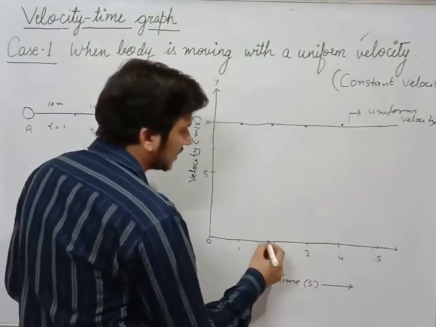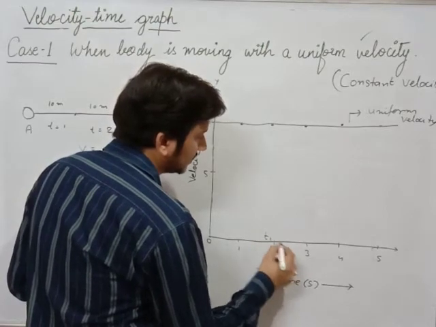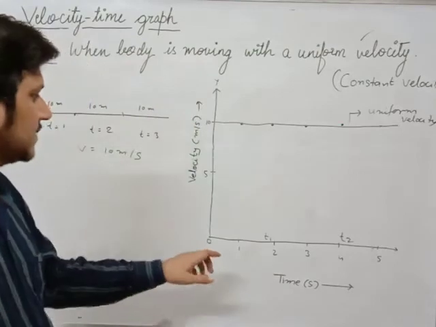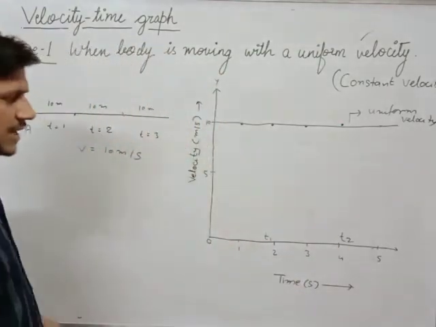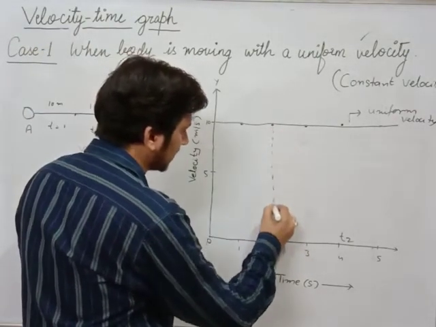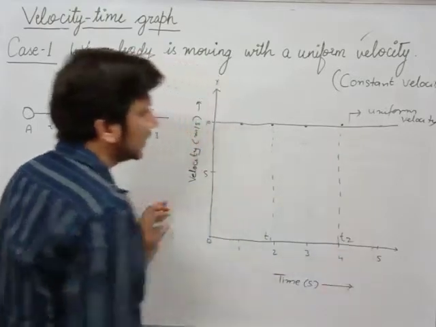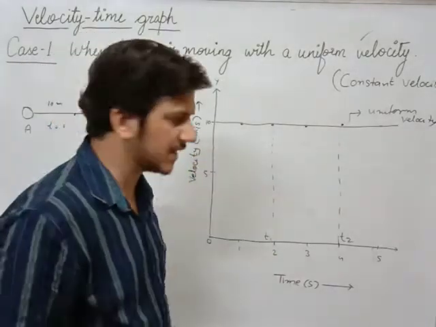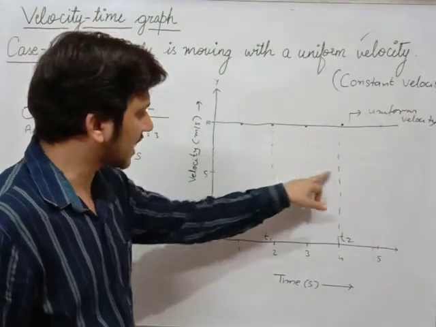Suppose we have time t1 to t2, and we have to find the displacement between t1 and t2. So we draw this line parallel to the time axis, and for getting the displacement or distance we have to find the area of this rectangle.